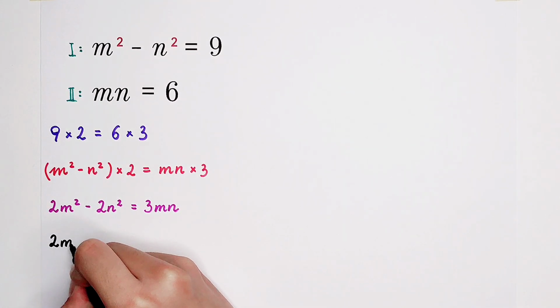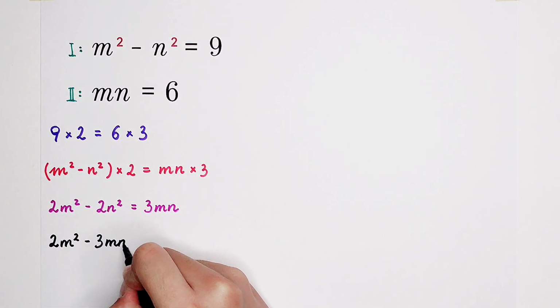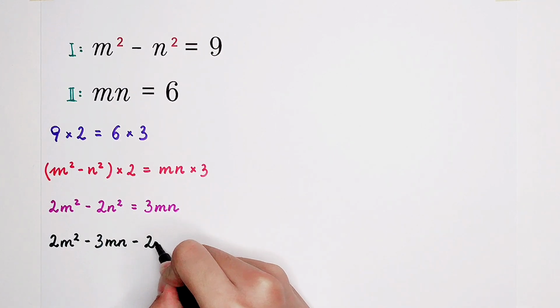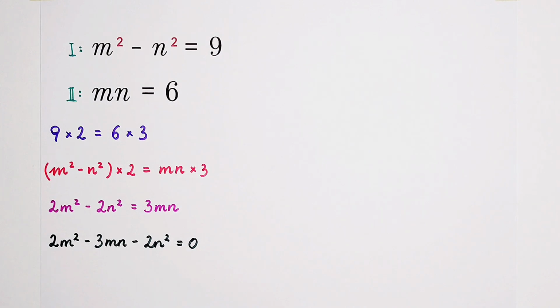2 times m squared minus 3mn, I'm going to write it first, and then minus 2 times n squared is equal to 0. It looks so nice. For dealing with this equation, which method shall we use? We subtracted 3mn from both sides, so now the right-hand side is 0.